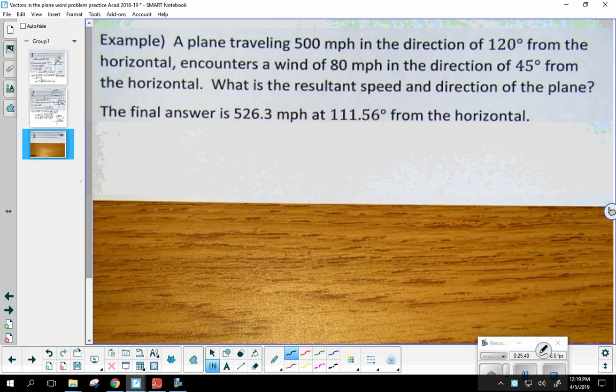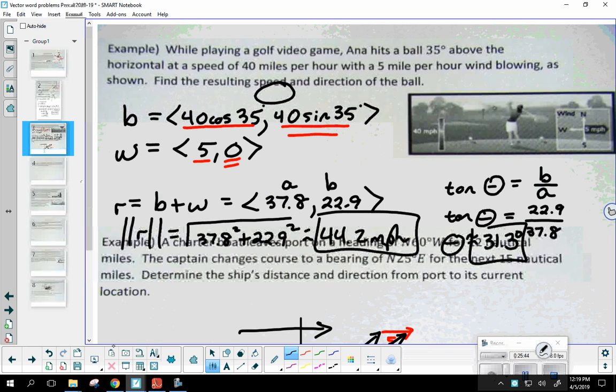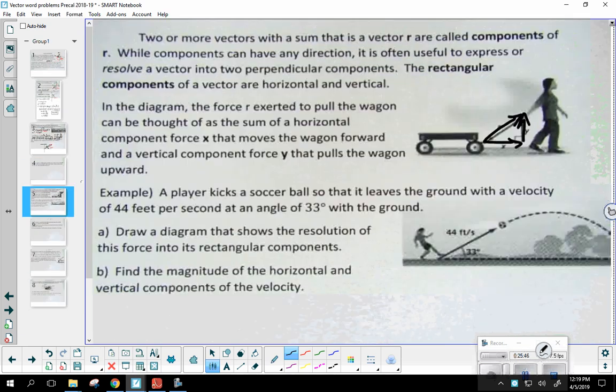Okay. Last thing I need to show you on our notes here is what we call rectangular components. And this is in the packet that I gave you just a few days ago with the word problems. So two or more vectors with a sum that is a vector R are called components of R. While components can have any direction, it's often useful to express or resolve a vector into two perpendicular components.